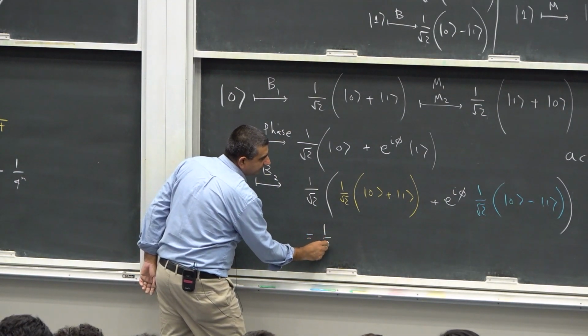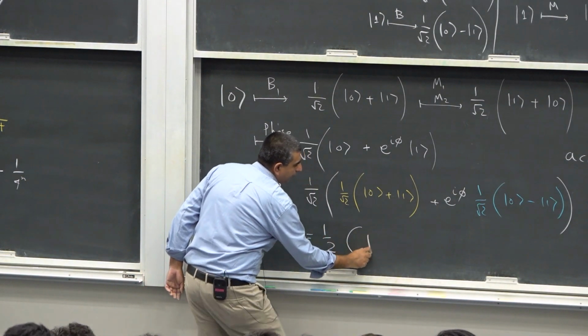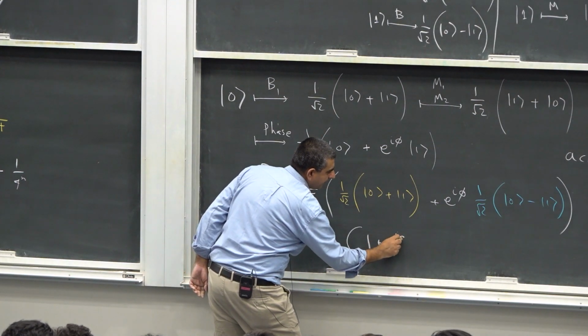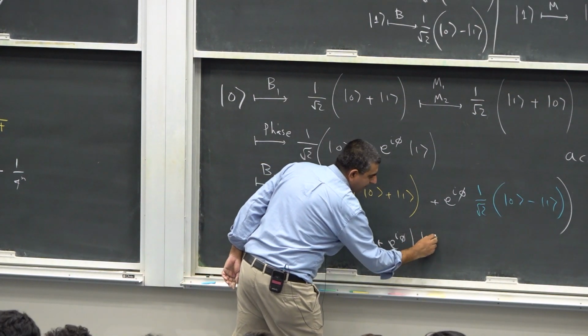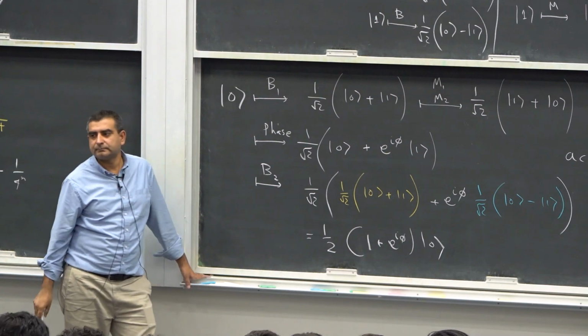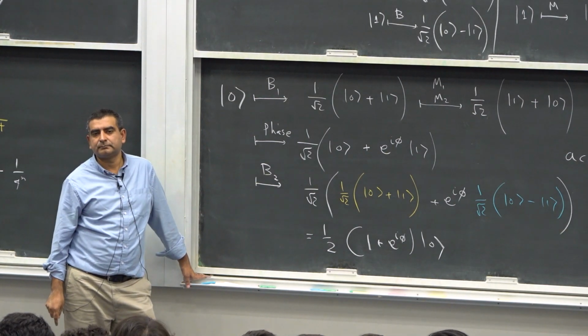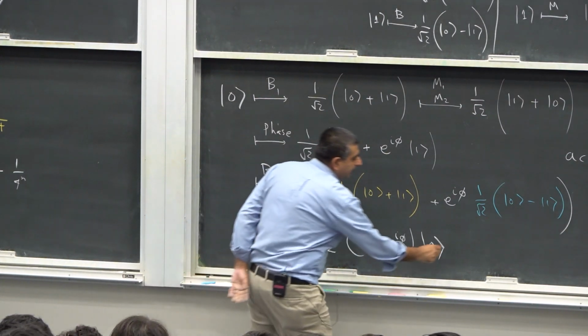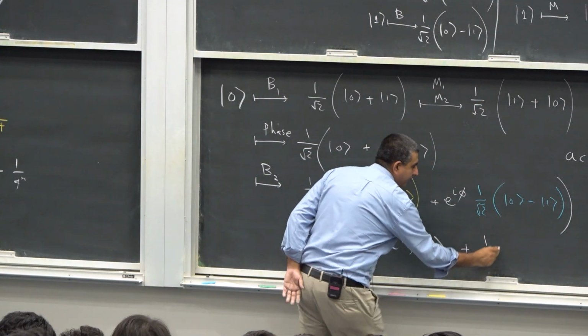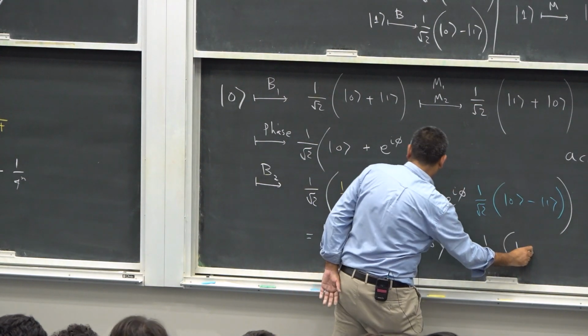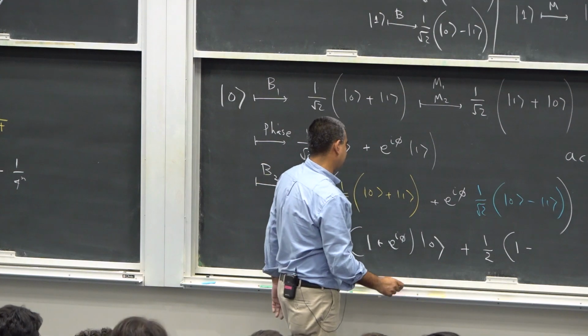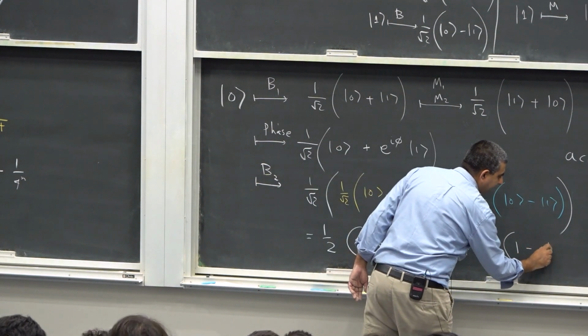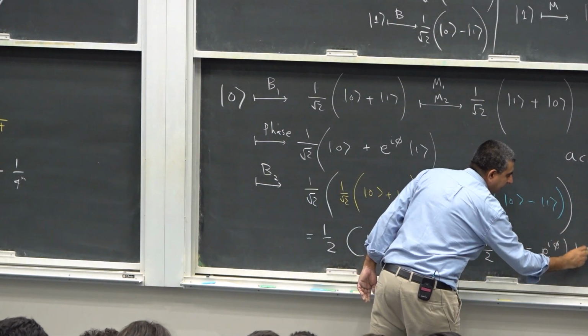You have 1/2 (1 plus e^(i phi)) ket 0 plus 1/2 (1 minus e^(i phi)) ket 1.